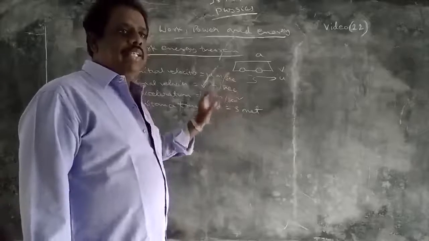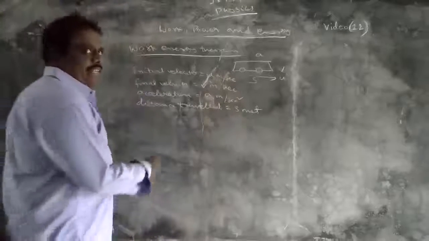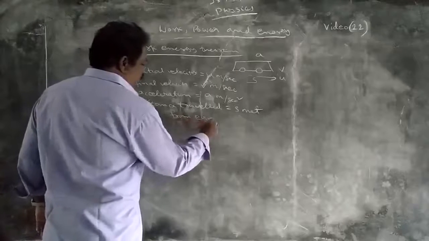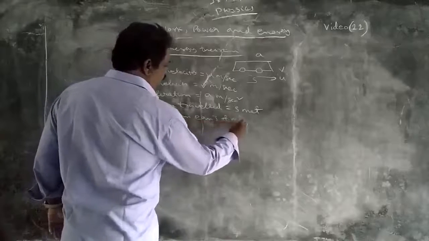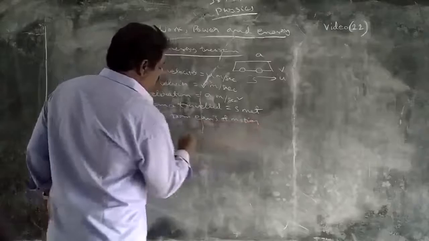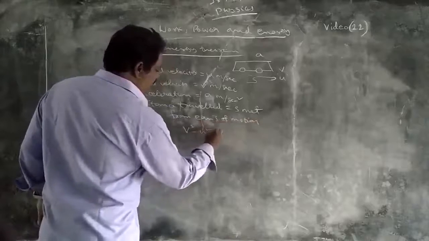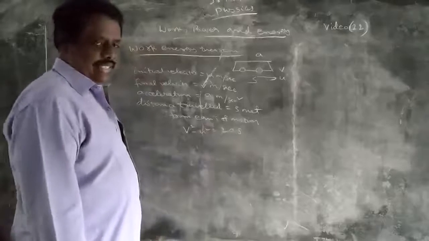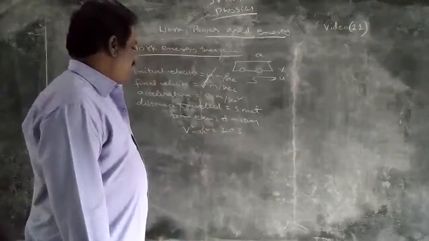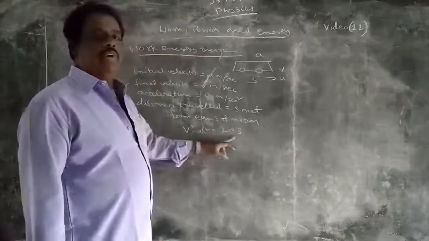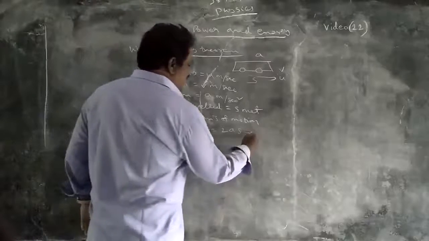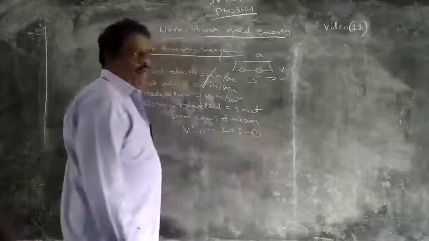By using these letters, from the equations of motion, we know that v square minus u square is equal to 2as. Let us consider it as equation number 1.